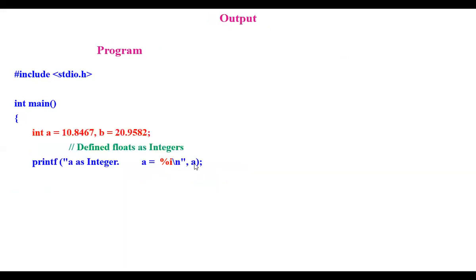So here I have again taken float values and declared them as integers, both declared as integers. They are float values, but here I want to display them as integers, because I have declared them as integers and want to display them as integers also.